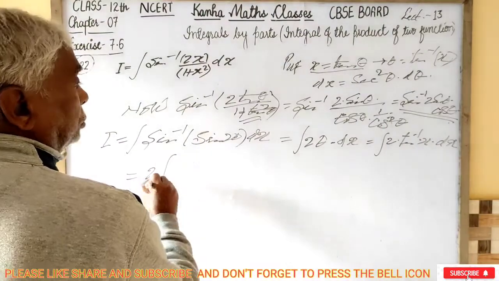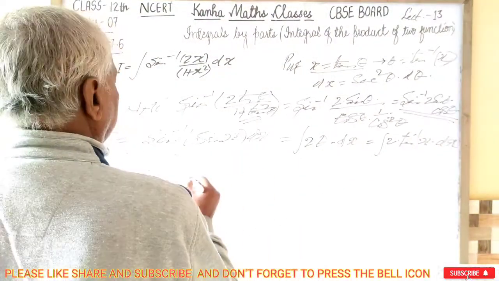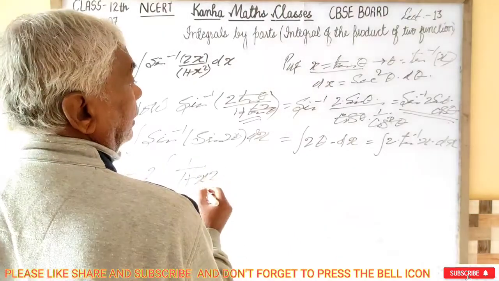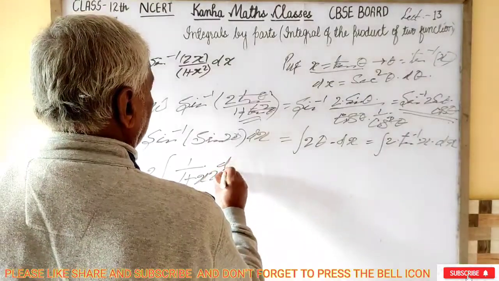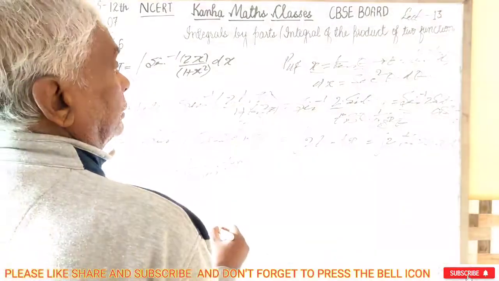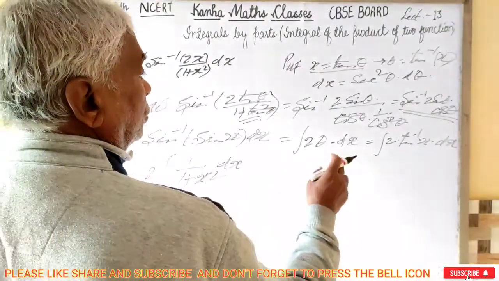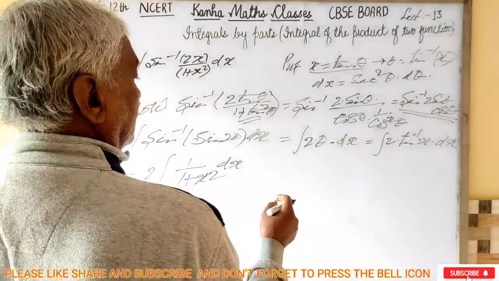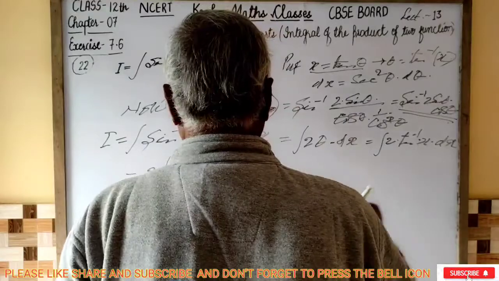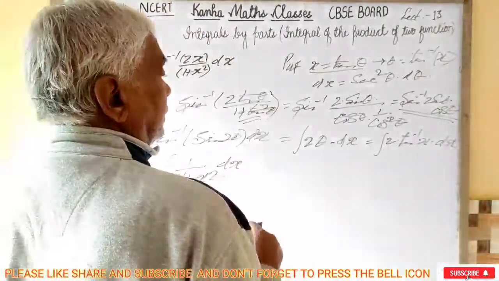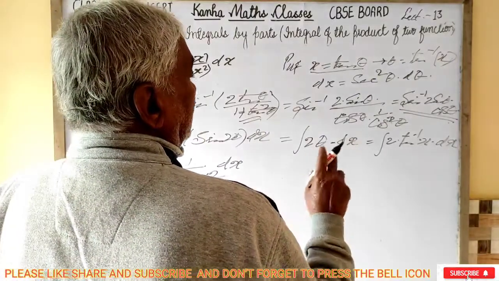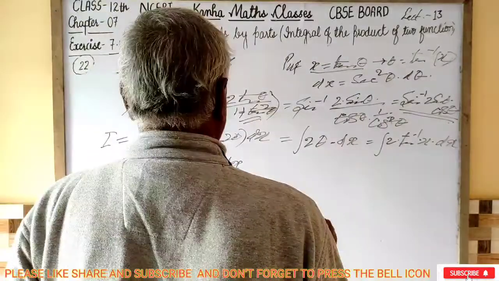This is 2 tan inverse x dx. Here 2 tan inverse x is the first function, and the second function is being absent. Then we will take first function into integral of second.